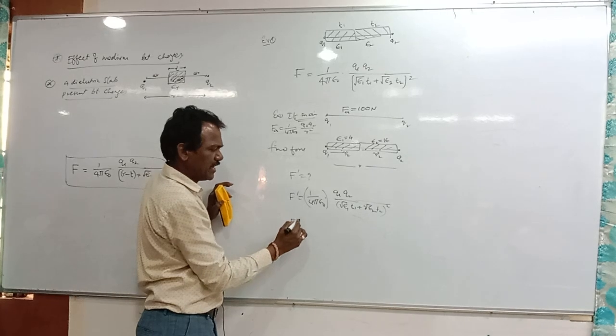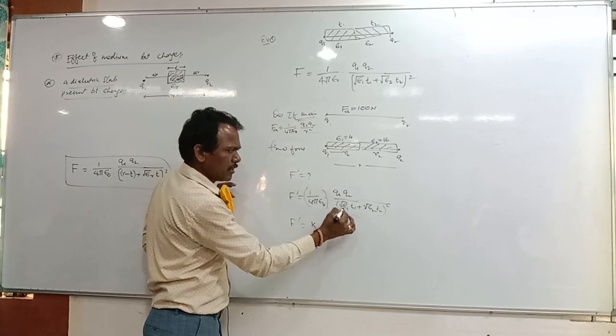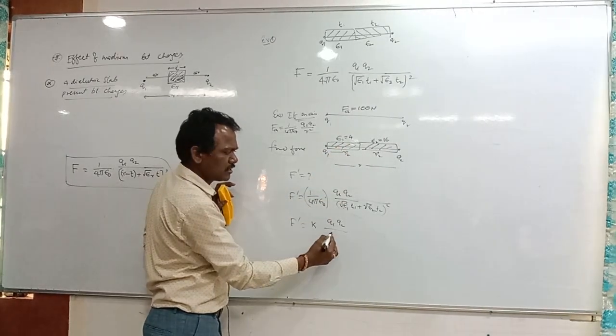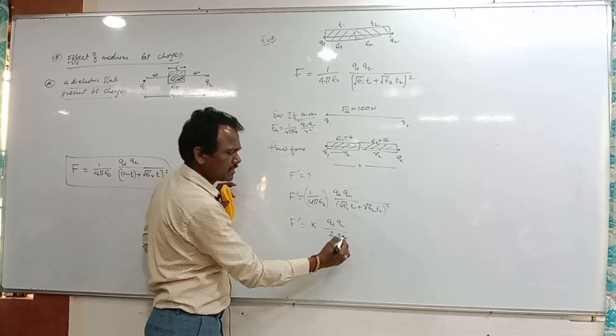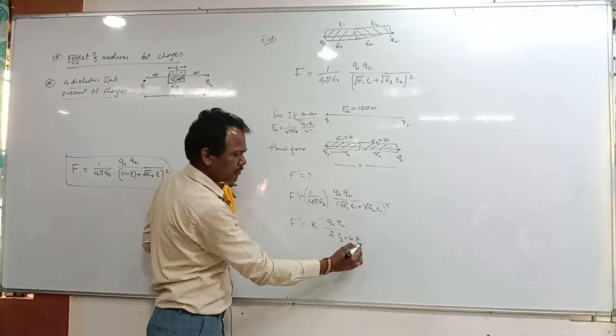So F dash equals k into Q1 Q2 by, epsilon 1 is 4 and epsilon 2 is 16. Root 4 means 2 into r by 2, plus root 16 means 4 into r by 2.